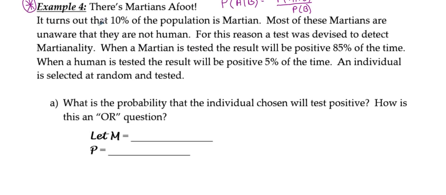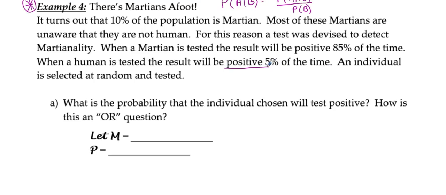So, it turns out that 10% of the population is Martian. Most of these Martians are unaware that they are not human. For this reason, a test was devised to detect Martianality. When a Martian is tested, the result will be positive 85% of the time. When a human is tested, the result will be positive 5% of the time.